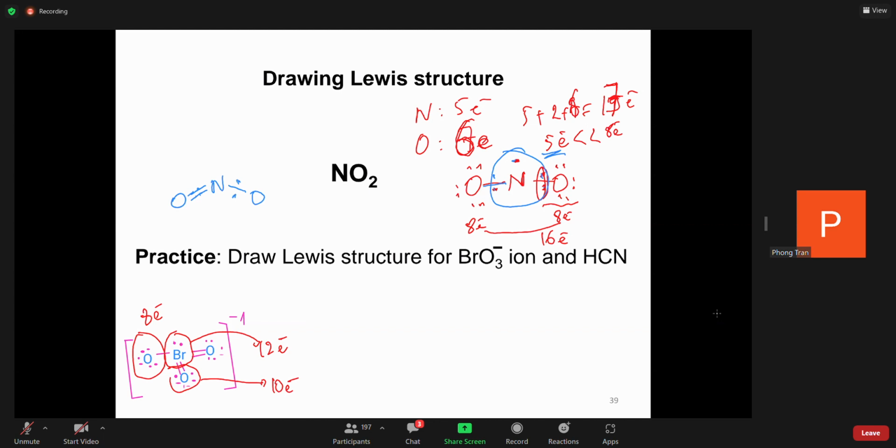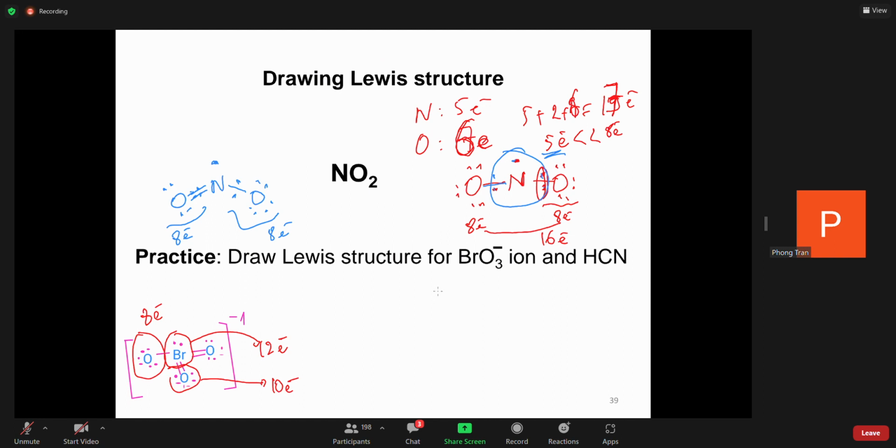Here you have 2 electrons, so you put 6 more electrons around, so this oxygen will have 8 electrons. This second oxygen, you already have 4 electrons from the double bond, so you put 4 more, so this one will have 8 electrons. In total you have 17 electrons, so you will have 1 electron left on the nitrogen.